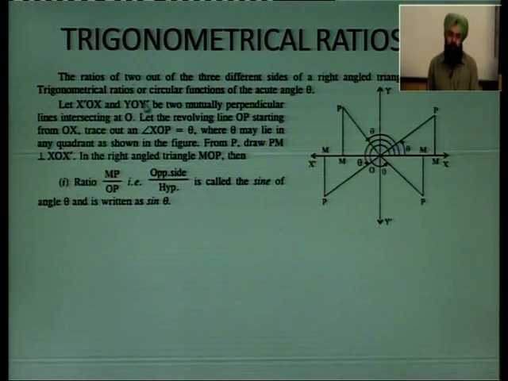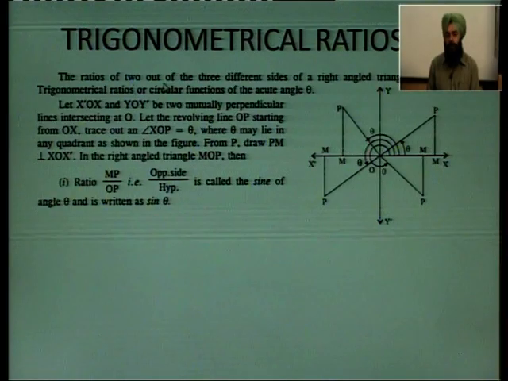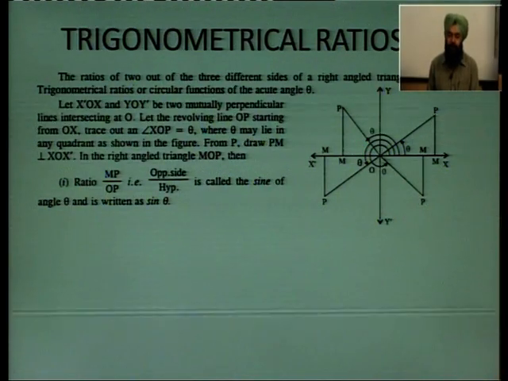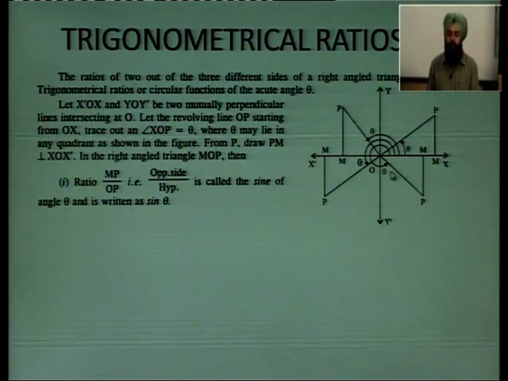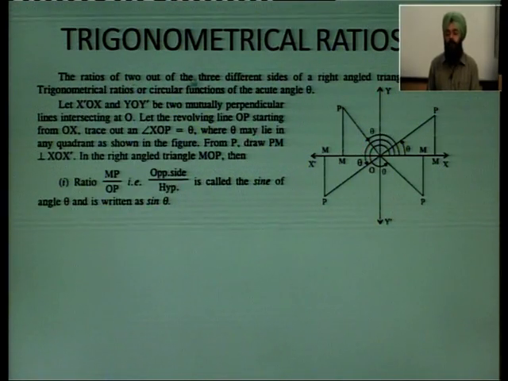So, the trigonometric ratios or circular functions are the ratio of any two sides, maybe hypotenuse over opposite side, or opposite side over hypotenuse. So, the trigonometric ratios are 2 out of 3 different sides of a right angle triangle.